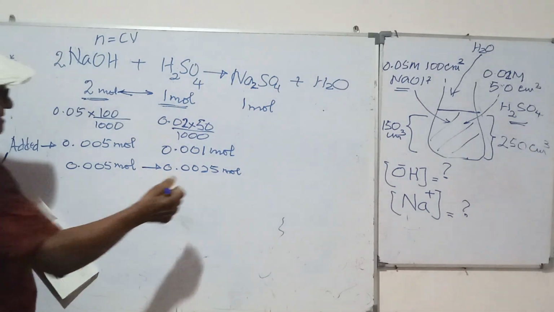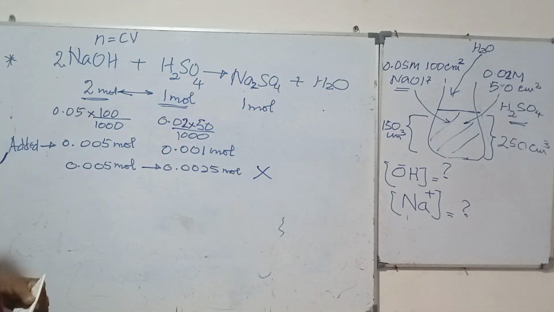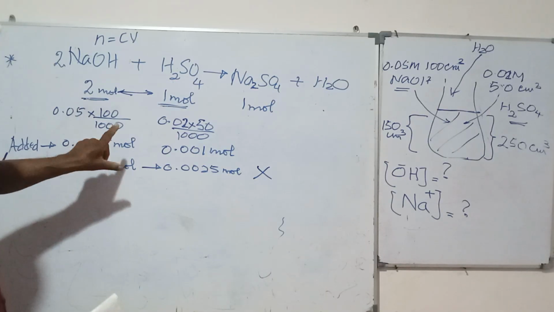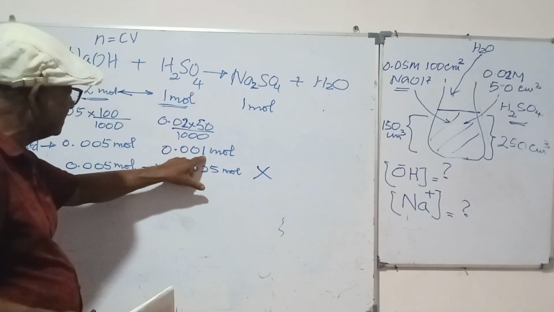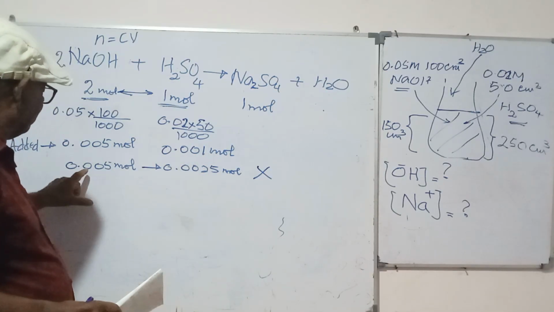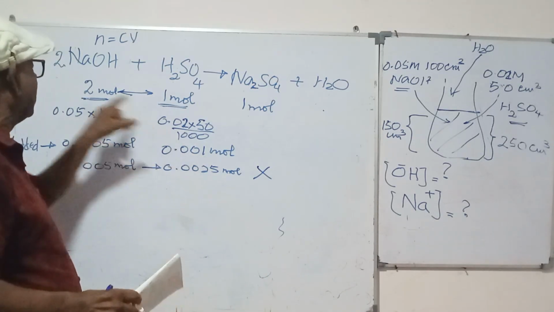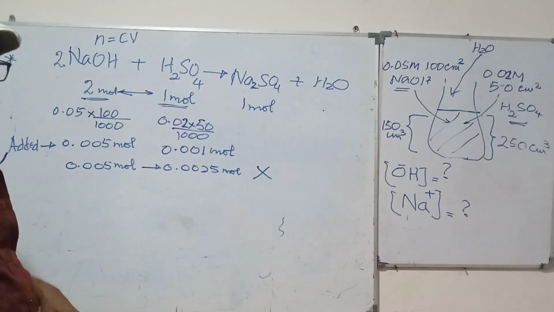But it is not occurred. It is impossible. Why? NaOH has 0.005 mole, but sulfuric has only 0.001. But for 0.005 it needs 0.0025 according to the 2:1 ratio. So it does not occur.